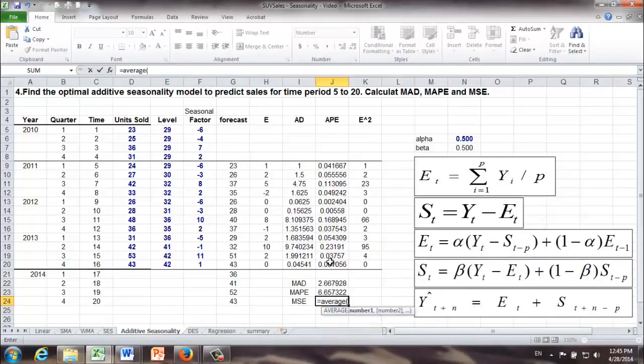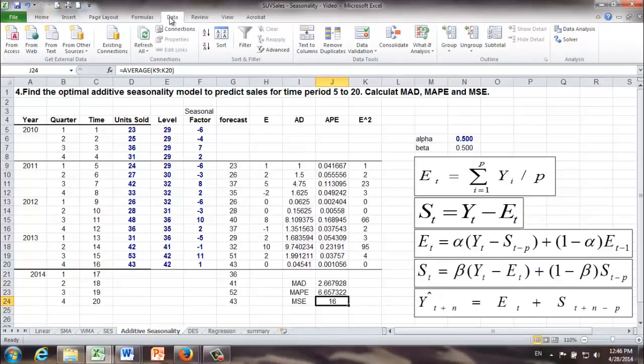MSE is the average of all the squared errors. Oh, wait a second. Those results are based on the assumption that alpha is 0.5, beta is also 0.5. And we would like to optimize it. What do you mean? We want to choose alpha value and beta value wisely to minimize MSE.